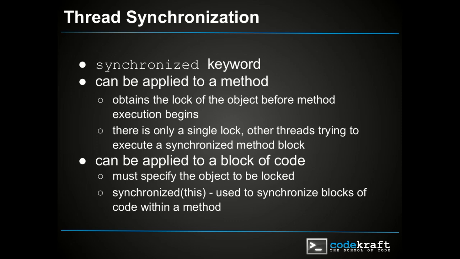Then another thread acquires the same lock when it executes another synchronized method of that particular object. So these two events have a happens before relationship between them. So essentially, synchronized method execution causes happens before relationships.